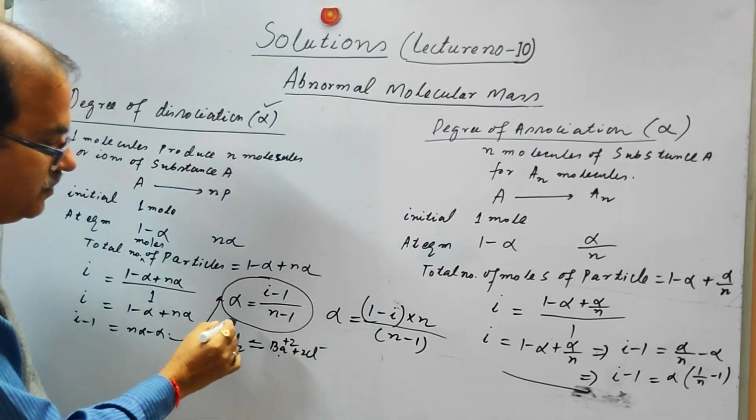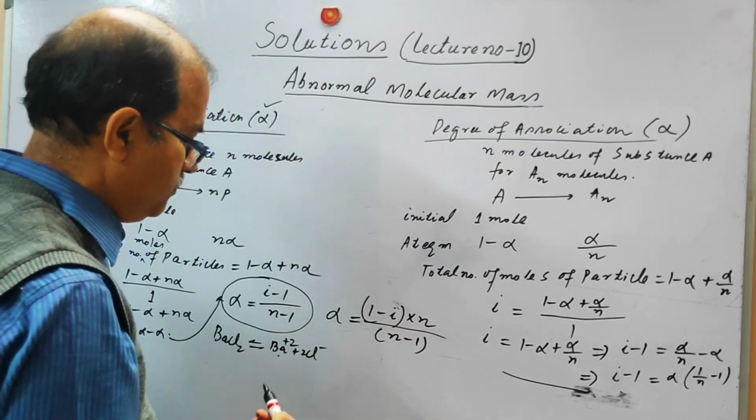So this is the degree of dissociation and this is the degree of association.